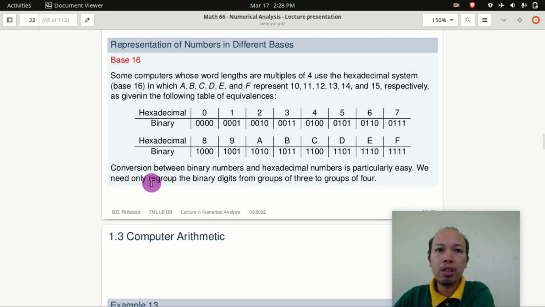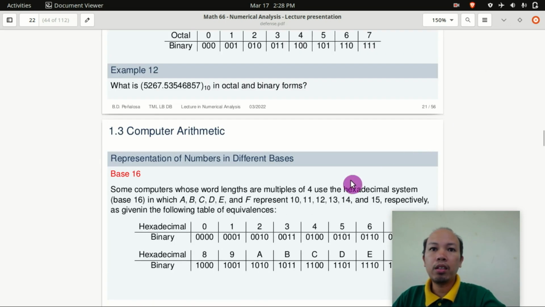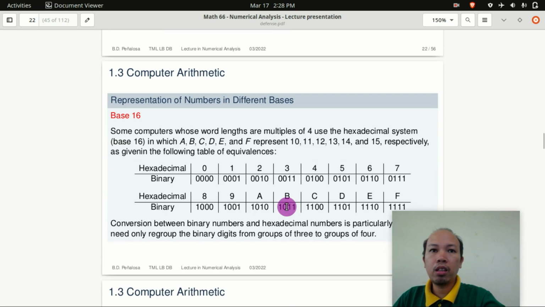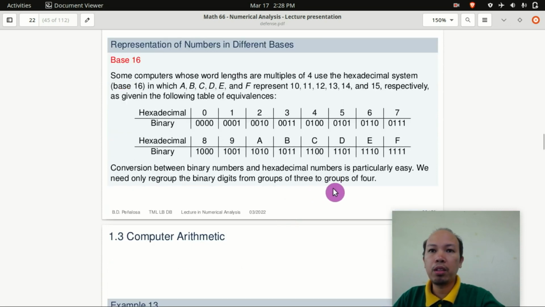We need only regroup the binary digits from groups of 3 to groups of 4. Notice in the previous slide, in octal, all you have to do is group into 3. If you are given binary, you group it into 3, but in hexadecimal, you group it into 4.